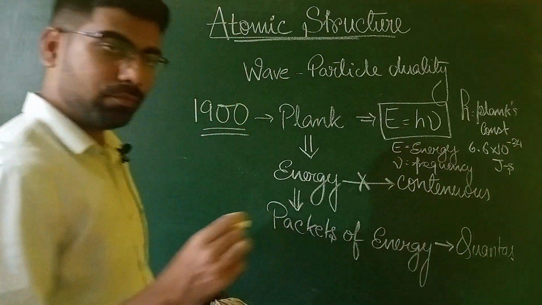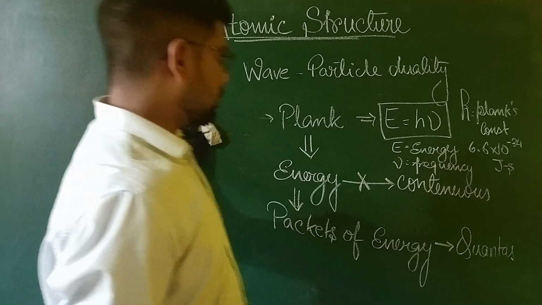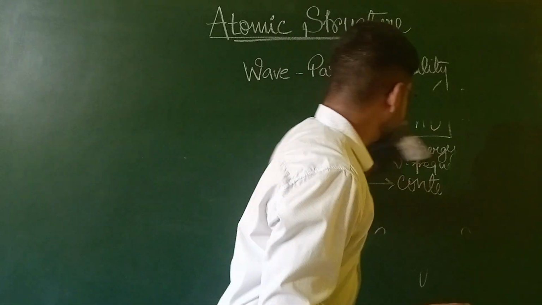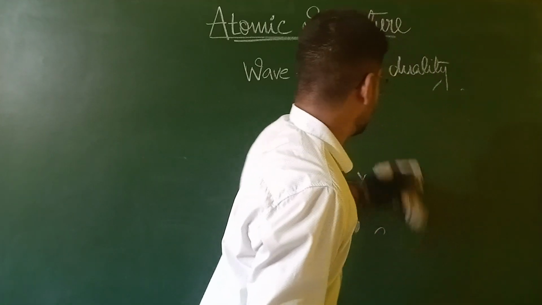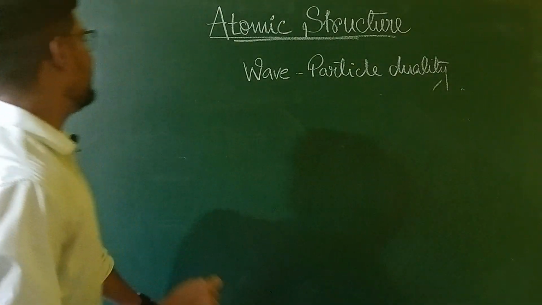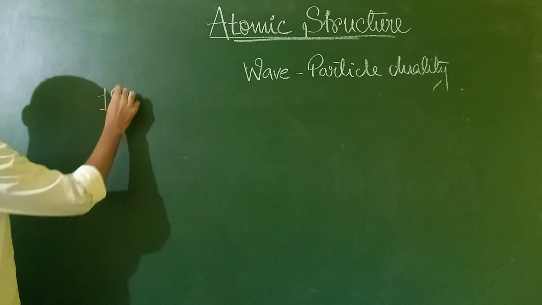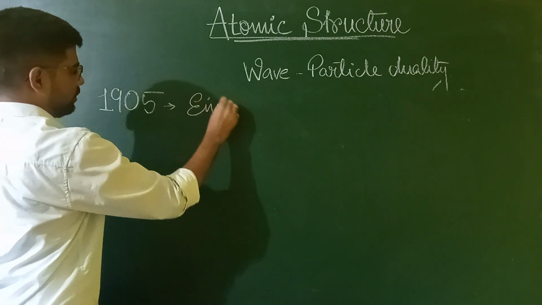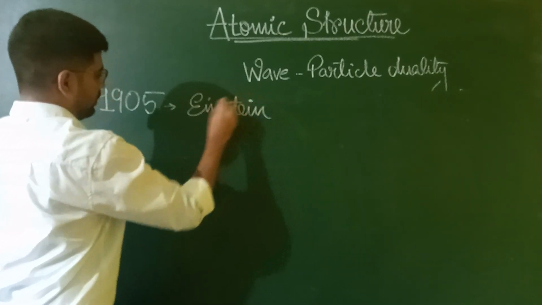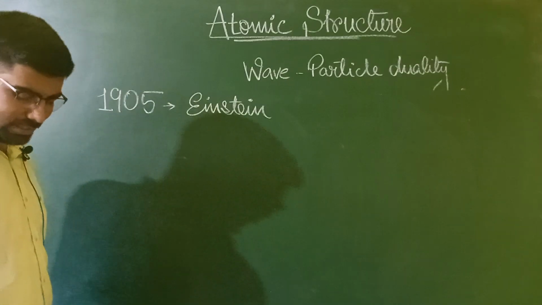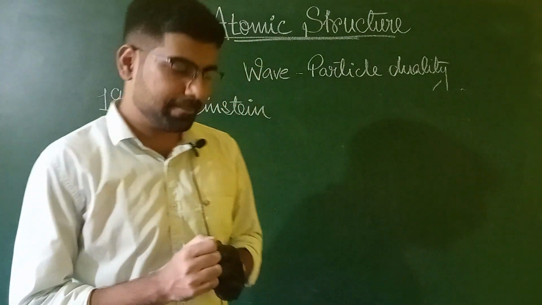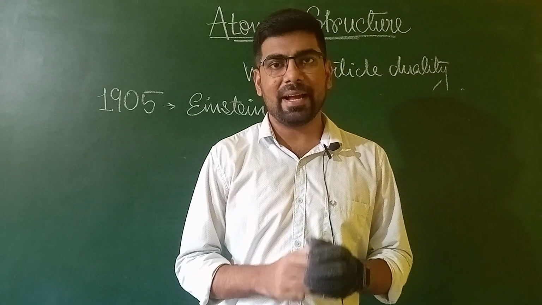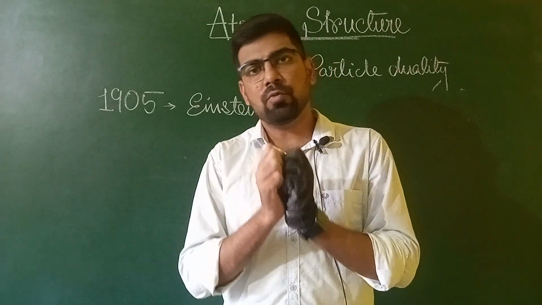Okay. Now cut to after 5 years, 1905. In the year 1905, Einstein gave his hypothesis that light also consists of energy in the form of small packets, and he named them photons.